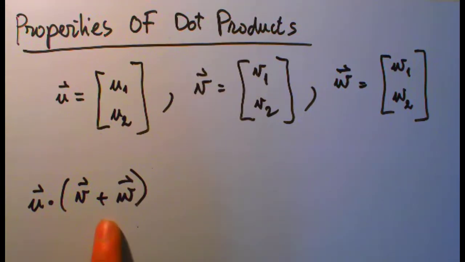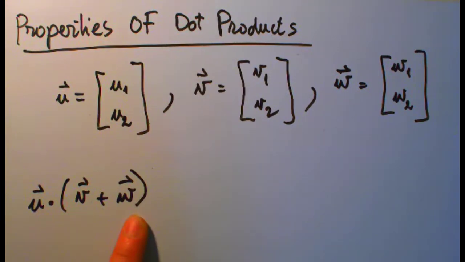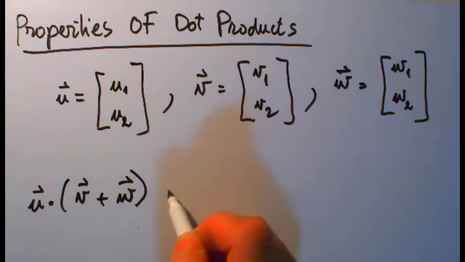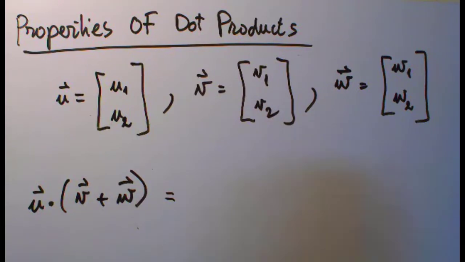We know how to take the sum of two vectors, but we're just not sure whether we can distribute that U as a dot product with V and distribute that U as a dot product with W and add up the two in the usual multiplication. We're not sure about that. And so how about let's do this. I am going to proceed by adding these two vectors.